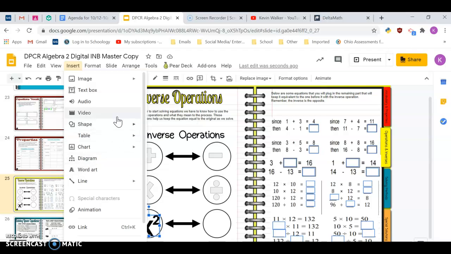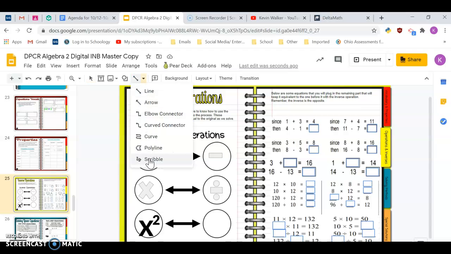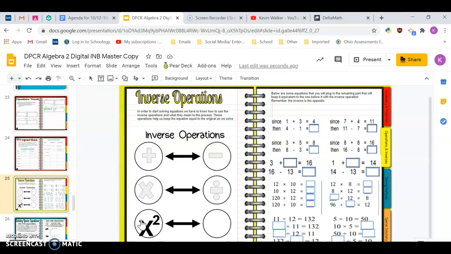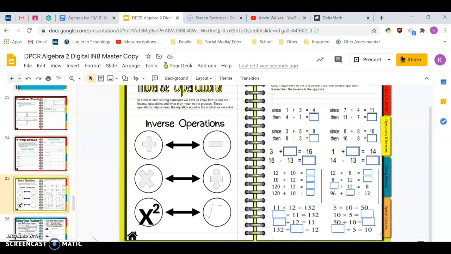Nope, I'll just draw it. The opposite of taking something to the second power would be taking the square root of something. The square root symbol looks something like this. That's a little rough, but you actually have the square root symbol in your book.